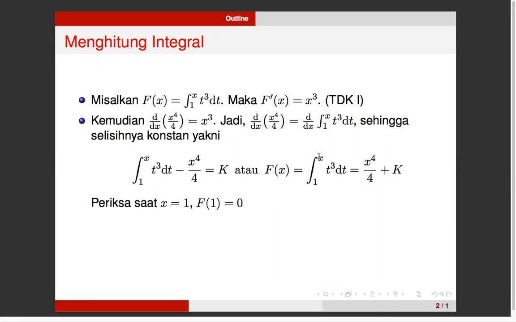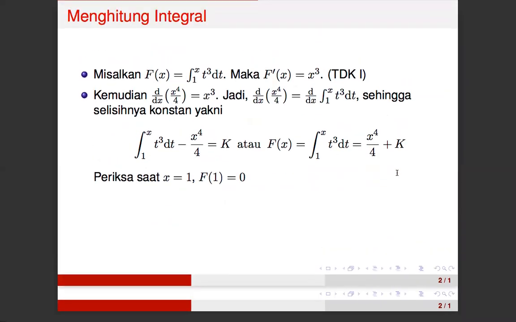Basically, there is no area that we can determine, because the interval is 1 until 1. Therefore, the area is 0, or f(1) is 0. Therefore, with x equal to 1, we have 1 over 4 plus k.